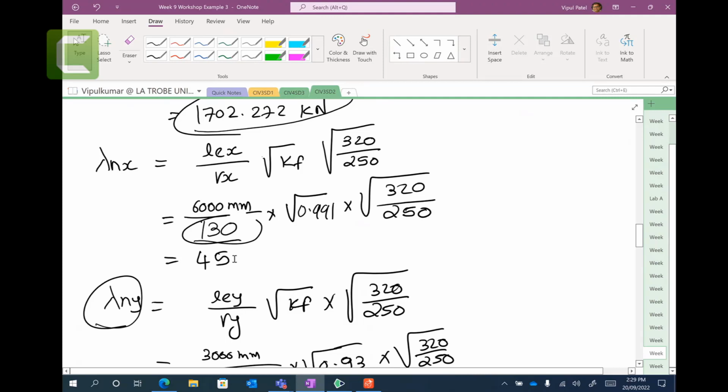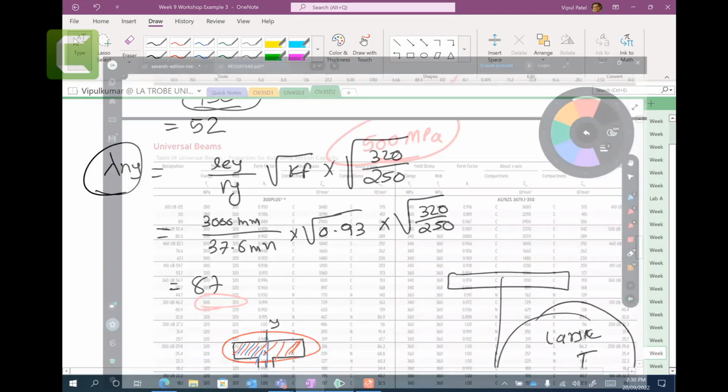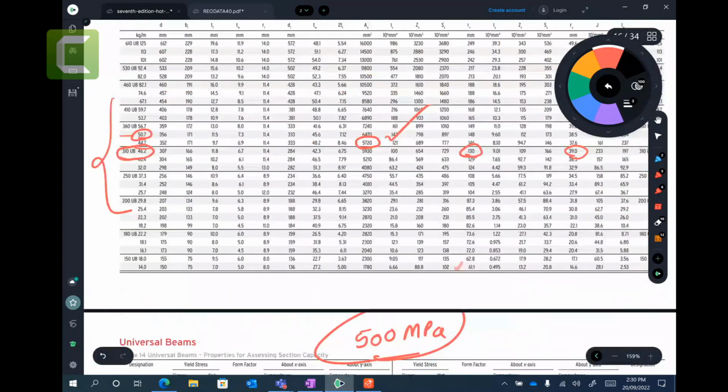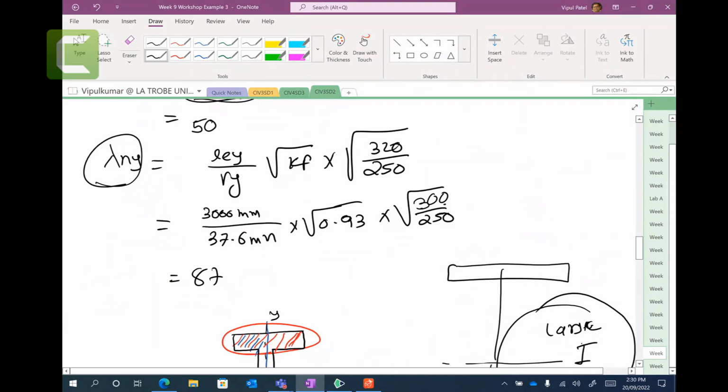You get 52. For ry we can use 300, so let me quickly plug in 50. And in here, can you please quickly do it? This one is 84, and we change these numbers as well.